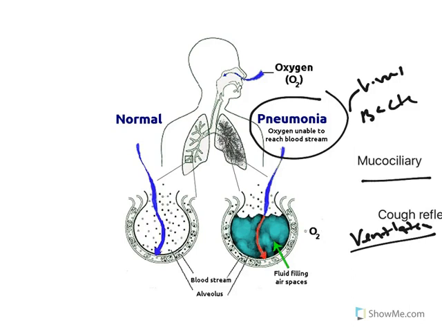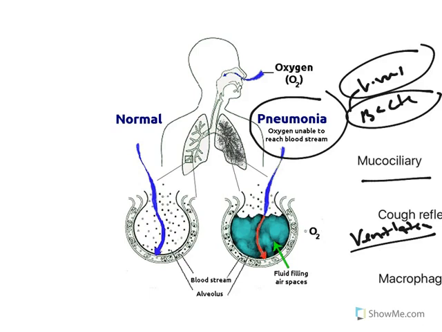So organisms can invade the lung easily. Also, patients who don't have macrophages. Macrophages are a normal defense mechanism, part of the normal immune system that exists in the alveoli, and they defend against microorganisms. So, as I said, pneumonia can be caused by viruses, by bacteria, and by fungi.